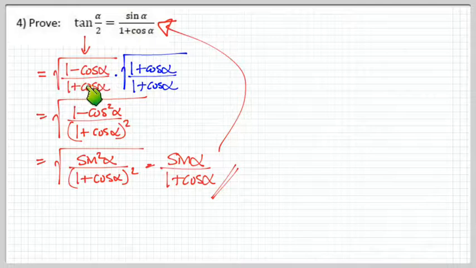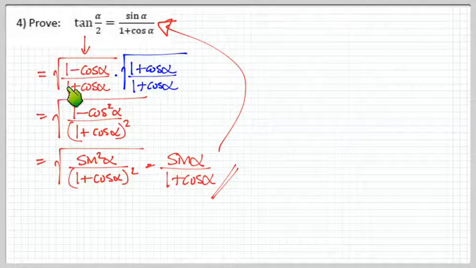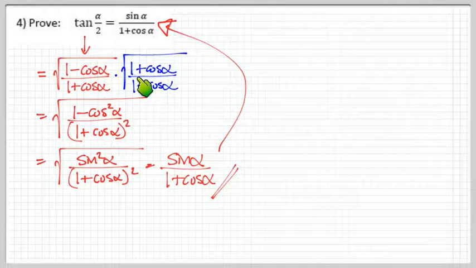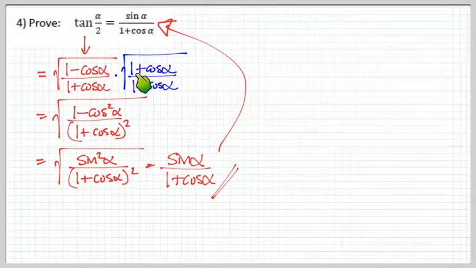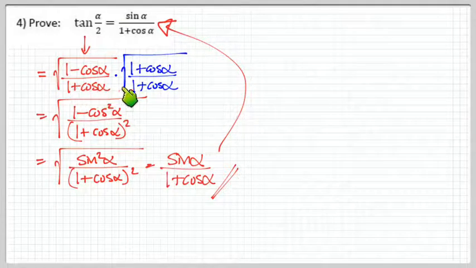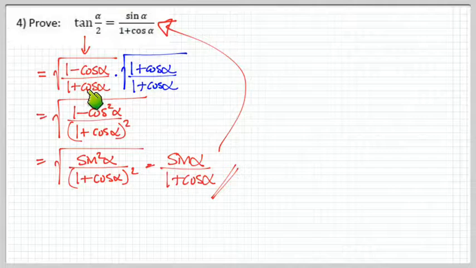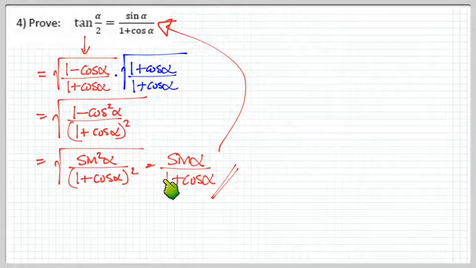And I have that inside here, but I have the square root of it. So I'm going to multiply it by the square root of 1 plus cosine alpha over 1 plus cosine alpha. I'm multiplying by 1, so it's a safe thing to do. And so now I have my 1 plus cosine alpha, quantity squared down here. So when I take the square root of it, it becomes the denominator that I want.